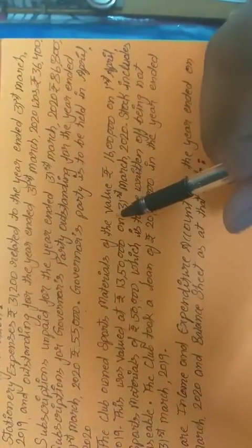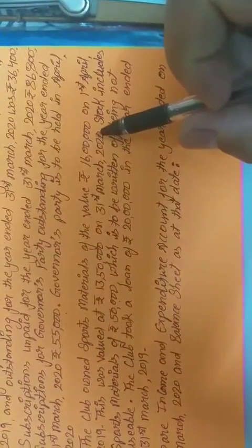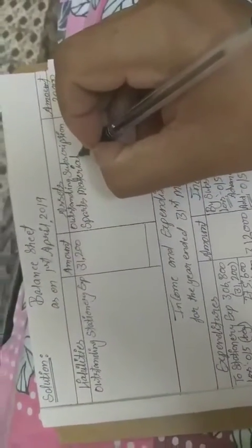Next one, in the club, sports material of the value of rupees 16 lakh, 16 lakh of sports material on 1st April 2019. So this sports material will be held in the opening balance sheet also. Sports material, the value is 16 lakh.